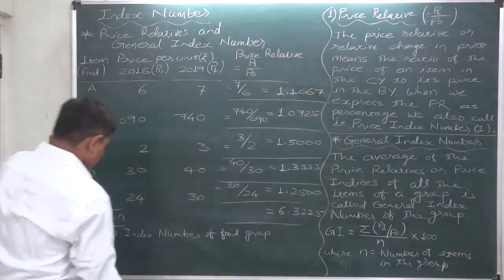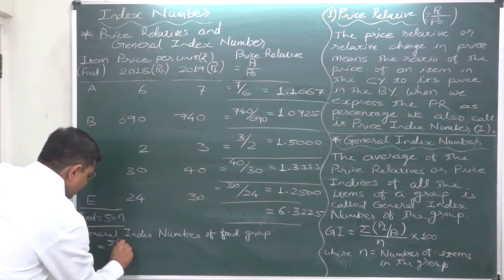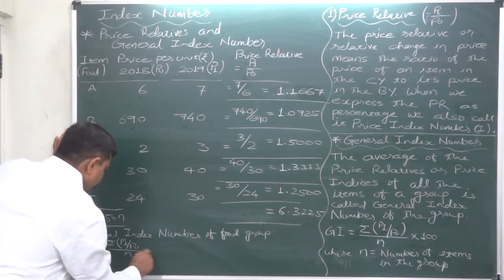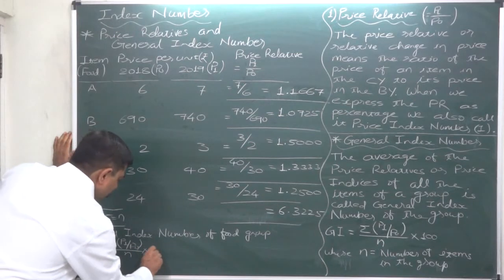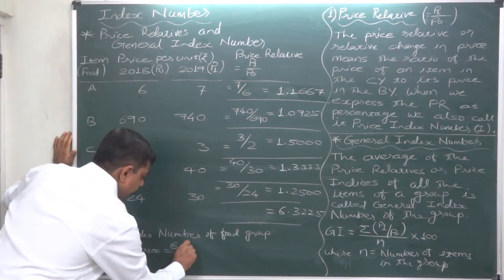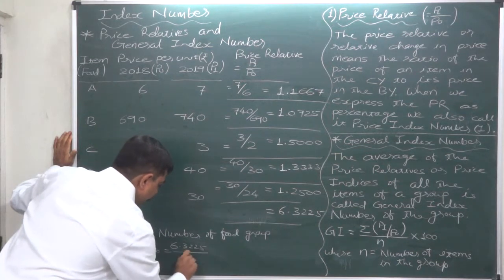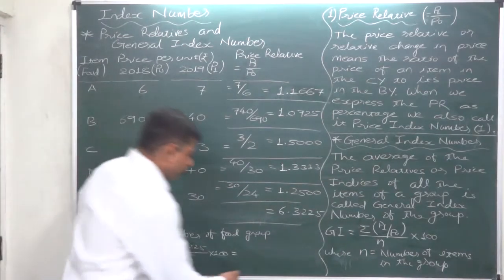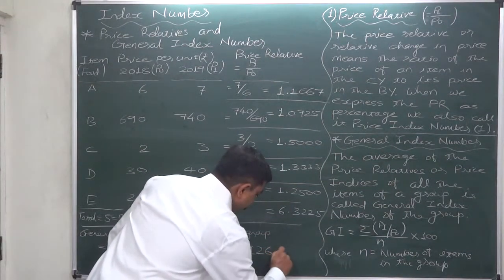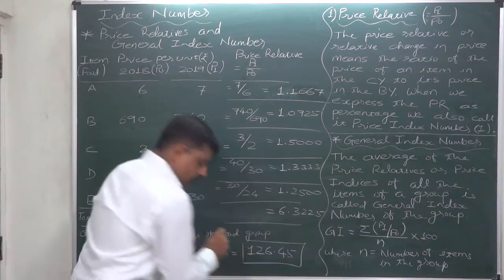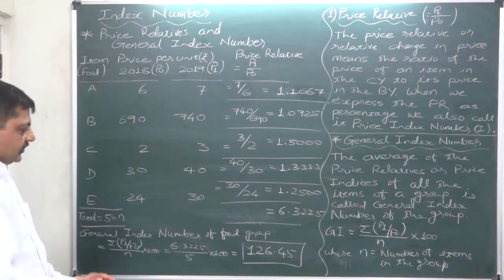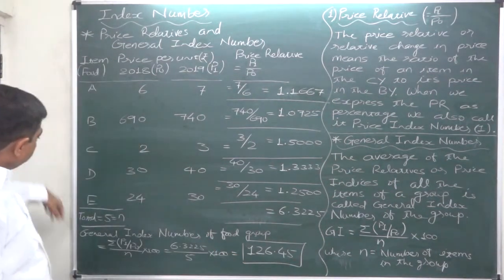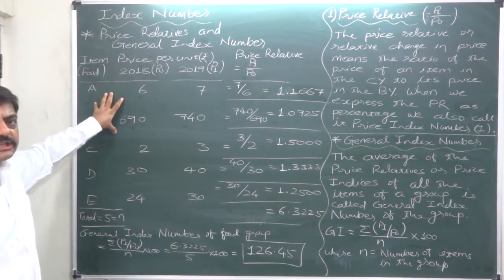It equals summation of price relatives divided by number of items in the group. Summation came to 6.3225, number of items 5, into 100. That means it comes to 126.45. So on an average, the price index number for all the items of this food group comes to 126.45.